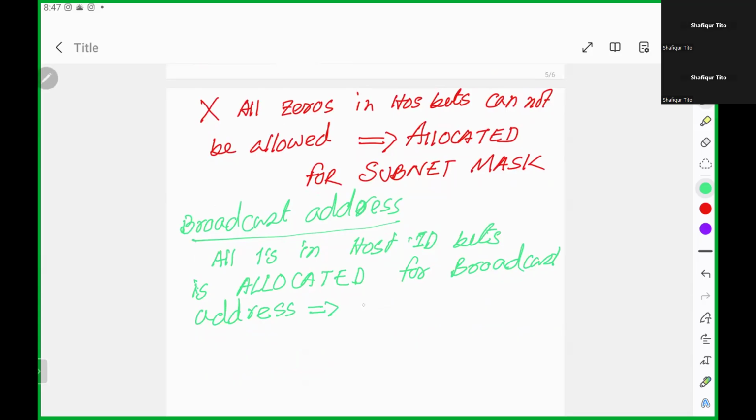So that cannot be used for an individual IP or individual host IP.